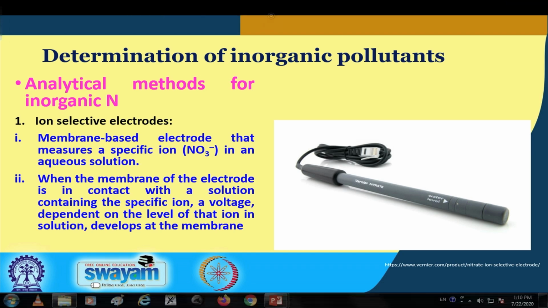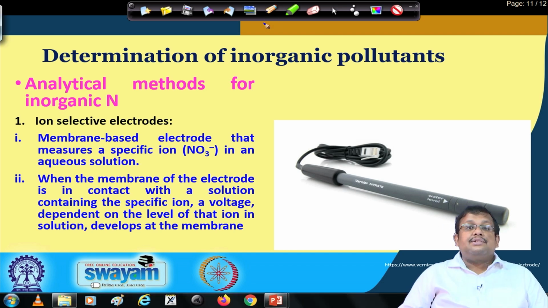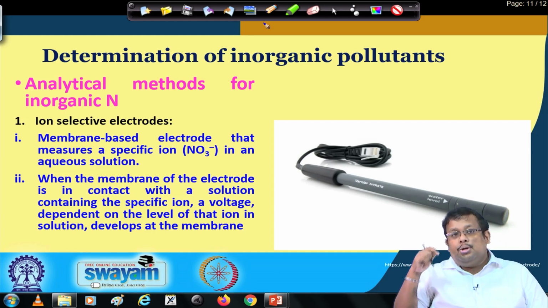These ion selective electrodes are membrane based electrodes that measure a specific ion, for example nitrate, in an aqueous solution. After you extract the nitrate into an aqueous solution using some extractant, you can use this membrane based electrode, sometimes called an ISE, to measure the specific ion concentration.